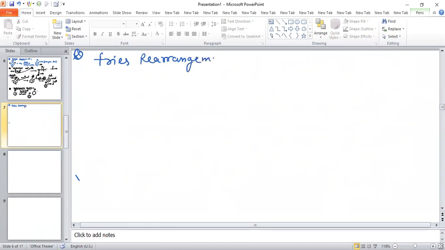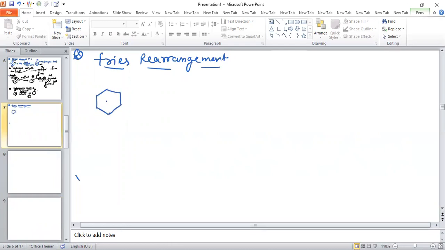This is basically a type of rearrangement that will generate a phenolic group. So this reaction is also related to phenol.